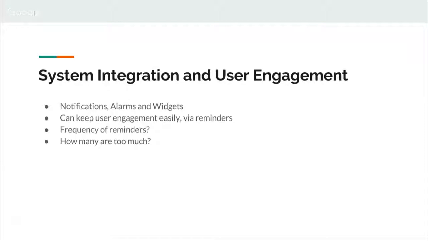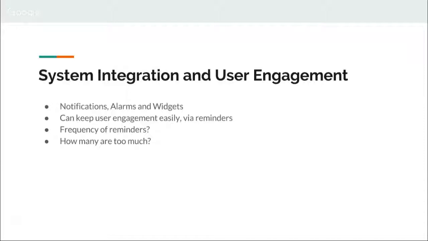The next thing, system integration. There are 3 main ways to integrate with our system. Those are notifications, alarms, and widgets. We'll learn about these 3 in future lessons, but as a sneak peek, notifications are messages that our app sends to remind the user of an event or to tell them there is something new that may be of interest.